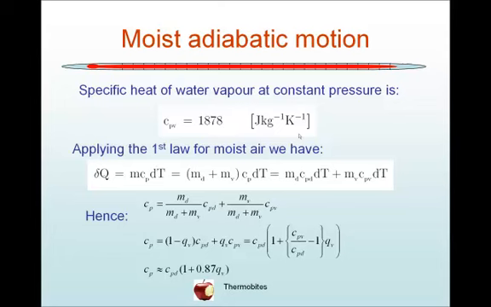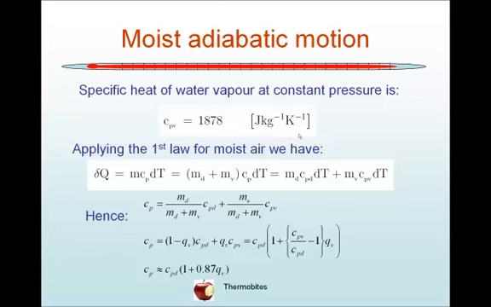So if we equate both sides of that equation, the dTs cancel, and we can divide through by the total mass, md plus mv. So Cp for moist air is equal to md on md plus mv, times Cpd, plus mv, the mass of the vapor, divided through by the total mass, multiplied by Cpv. Now we've earlier seen the specific humidity, qv, is equal to the mass of vapor on the total mass of the air.